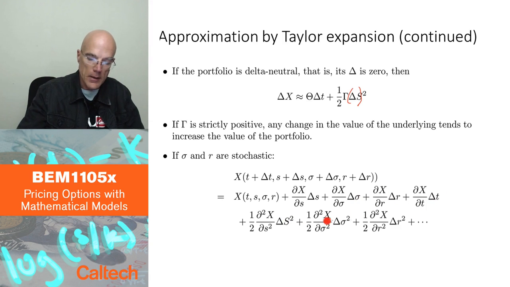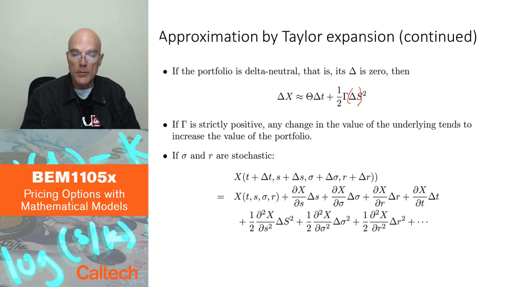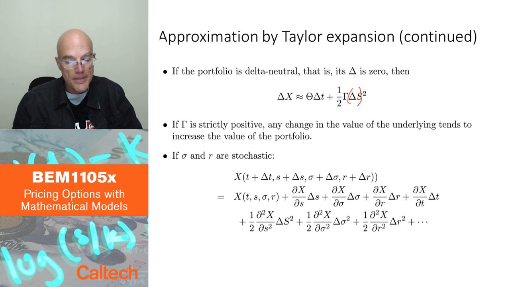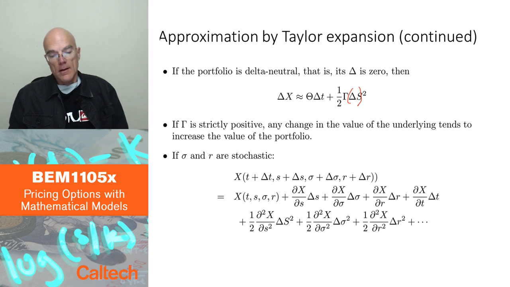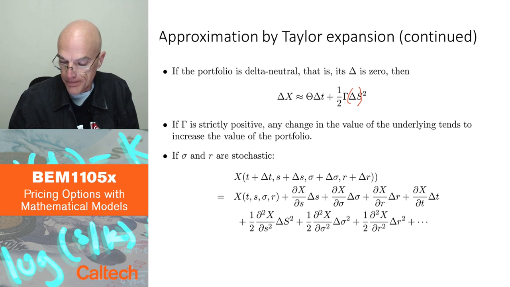And then you have second derivatives, third derivatives, mixed derivatives. But again, you would cut it off at some point and approximate by those terms that you leave. Okay, so that's the general principle.